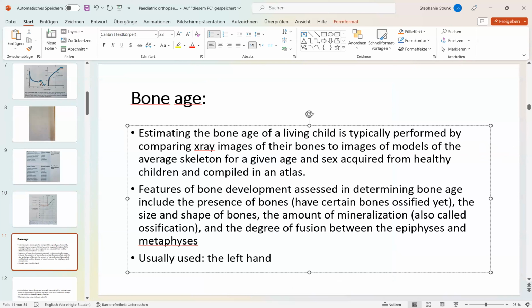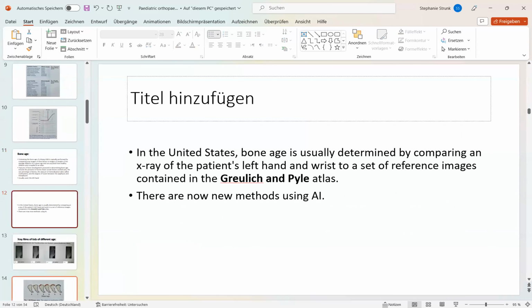The features of bone development include the presence of bones. I'll show you later on. Have certain bones ossified yet? The size and shape of bones, the amount of mineralization, also called ossification, and the degree of fusion between the epiphysis and the metaphysis. Usually, the left hand is used for that.